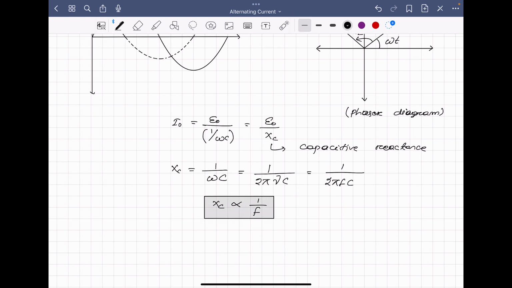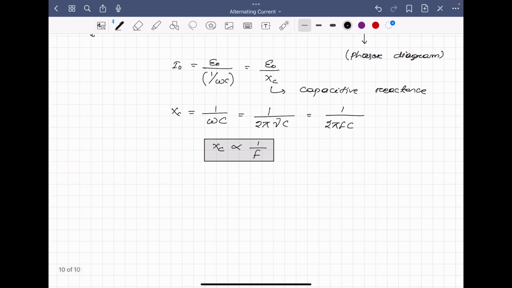That means capacitive reactance decreases with increasing frequency. If you plot a graph, first take 1 by f along the x-axis and Xc along the y-axis.